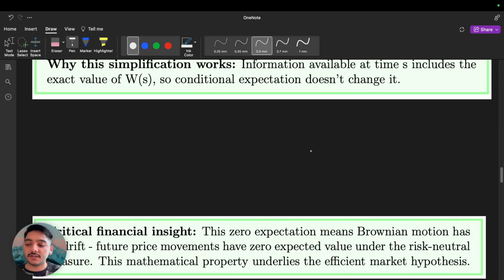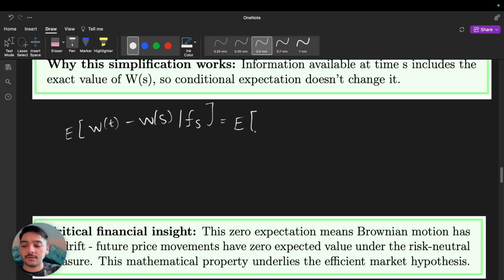For the second term, we will use the independent increment property. Since Wt − Ws is independent of Fs, the expectation of (Wt − Ws) given Fs is equal to the expectation of Wt − Ws, which is 0.